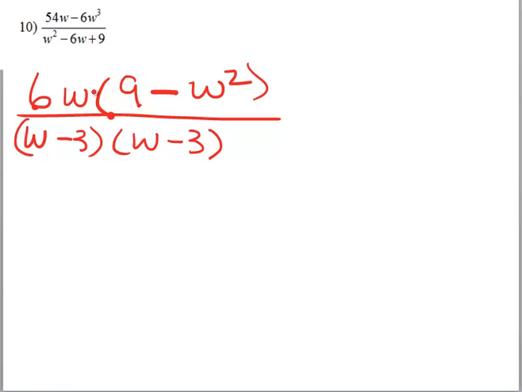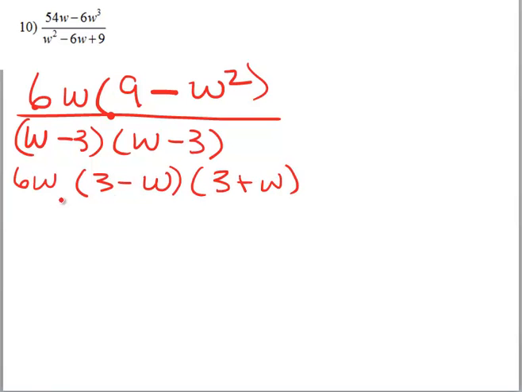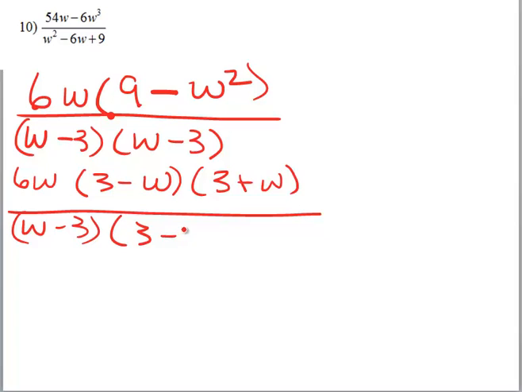Excuse me. But I'm not done, because that's a difference of squares. So here I'm going to have 6W times 3 minus W times 3 plus W, all over W minus 3 times 3 minus W. And again, just by inspection, I can say there's the pattern I'm looking for right there.